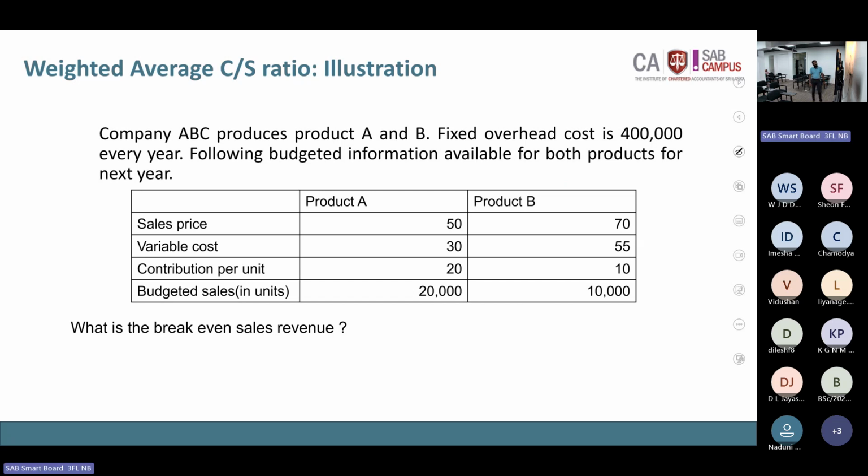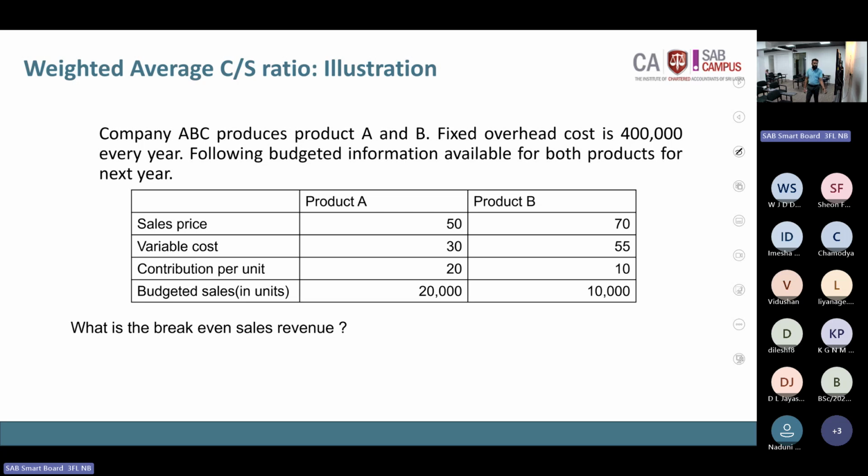Right? So here company ABC produces product A and B. Fixed overhead cost is 400,000. Following budgeted information available for the both products. For the next year, what is the break-even sales revenue? So here, if we are doing the calculation, what we have to do is we have to add both the products together and do the calculation.